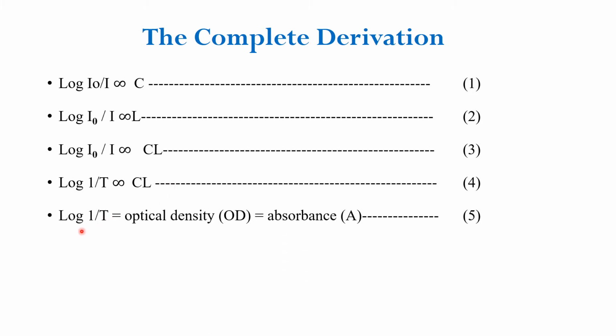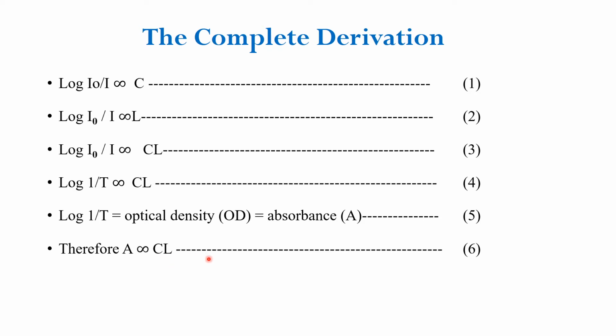And now log I by T can also be written as OD, optical density or absorbance. So replacing this, we can say that absorbance is directly proportional to Cl. So this is the final equation. This is what we will be using, that A is directly proportional to C, keeping L constant.